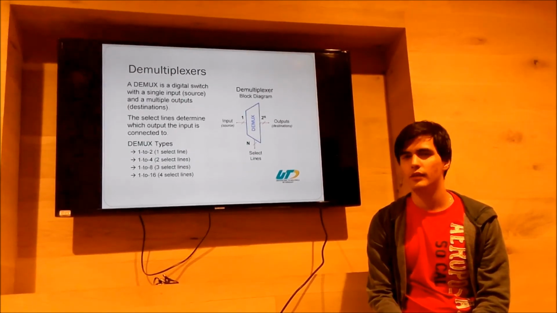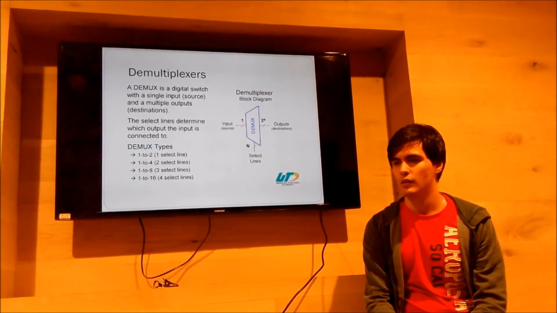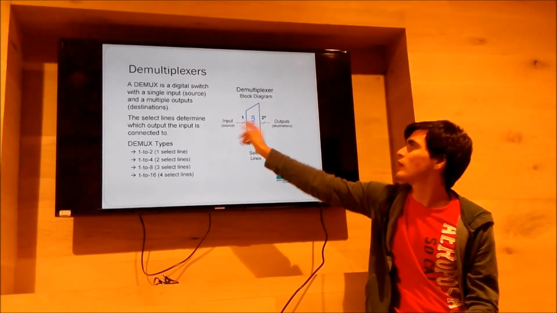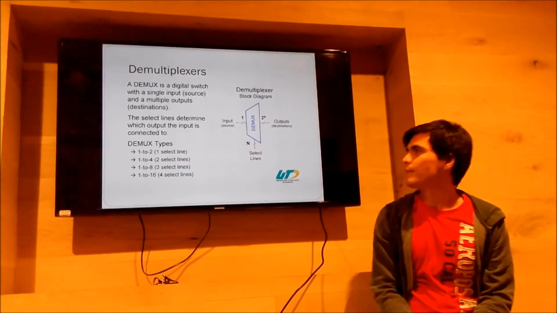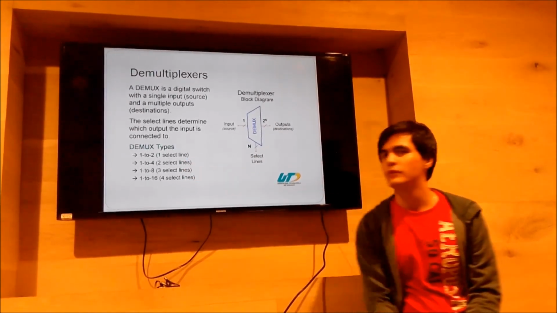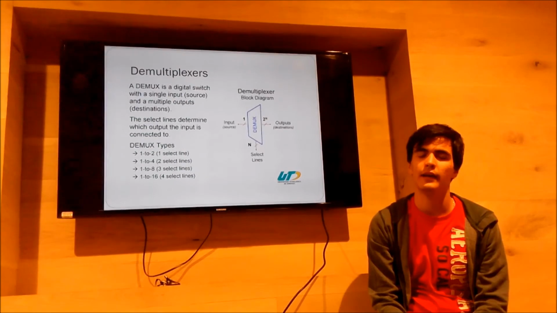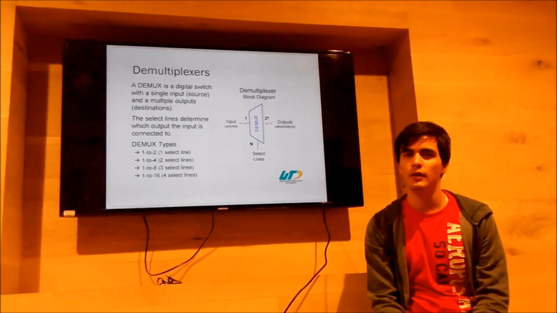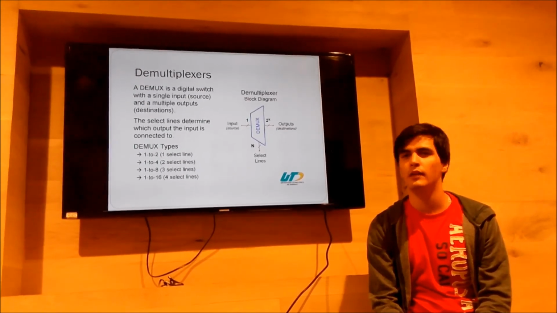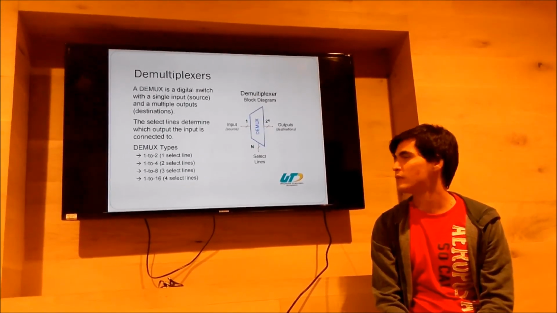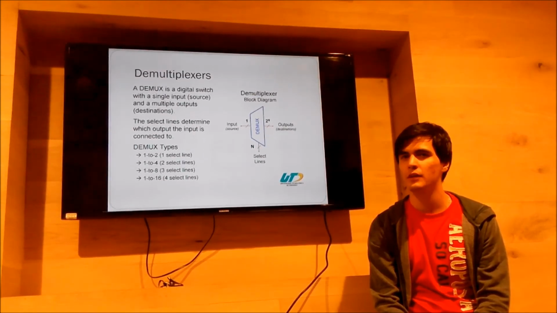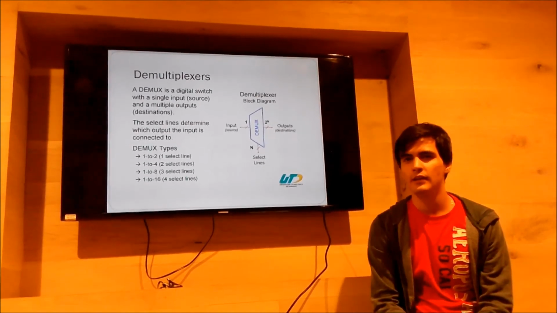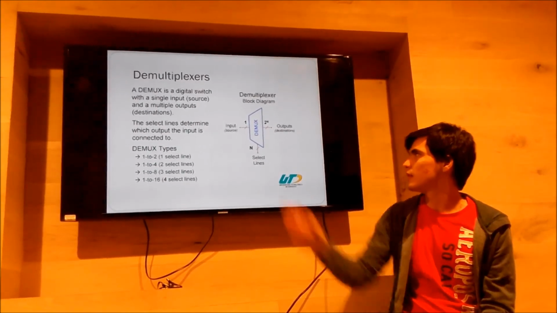And here we have the drawing of the demultiplexer. It's the same, but we have just one input and the outputs vary. You can have 2 outputs, 4 outputs, 8 outputs, 16 outputs, or any number of 2 to the n outputs. And how many outputs you have determines the number of select lines you will have in the circuit.